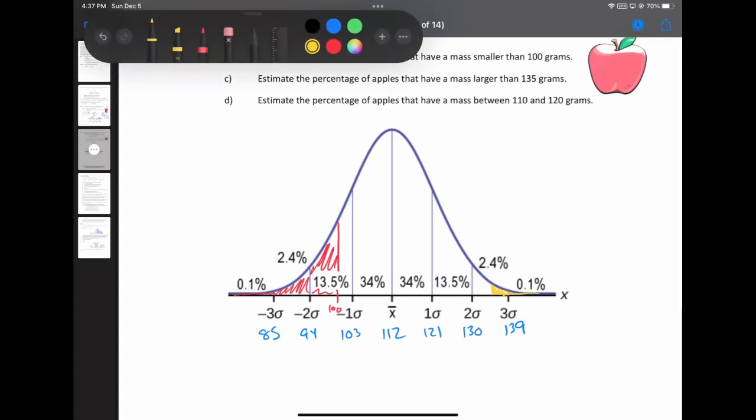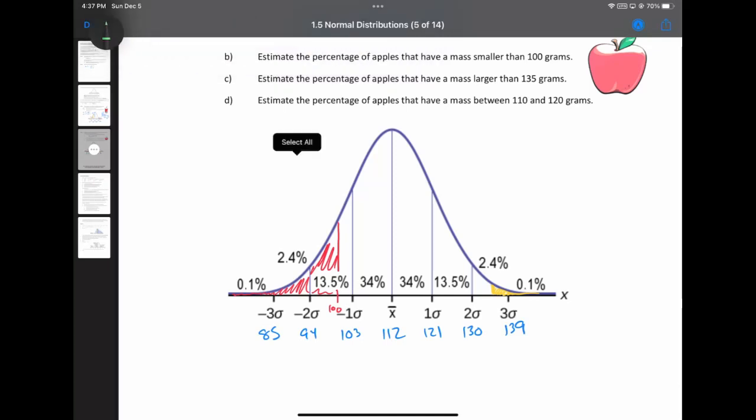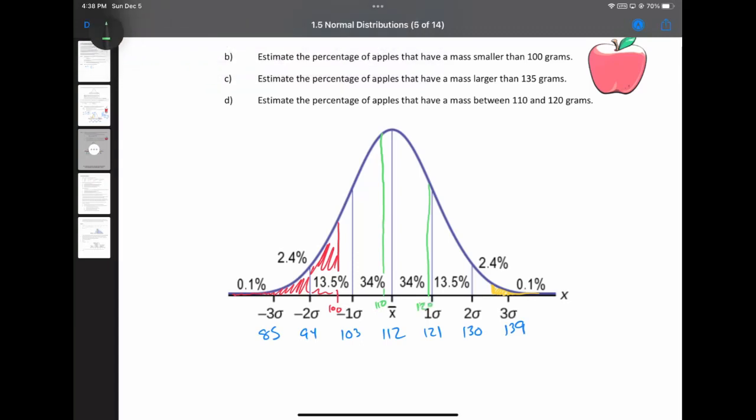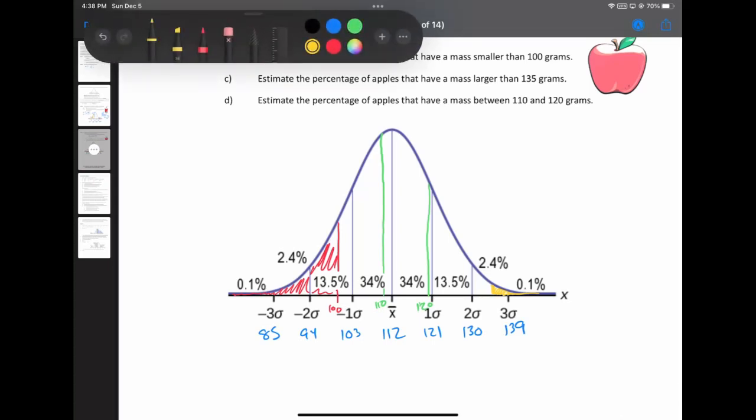A very small sliver. And I'll use green for the good apples that are between 110 and 120. So 110 is about there, and 120 is just shy of the next line. That's super messy. Oh, and I didn't label the other one. That was the 135.